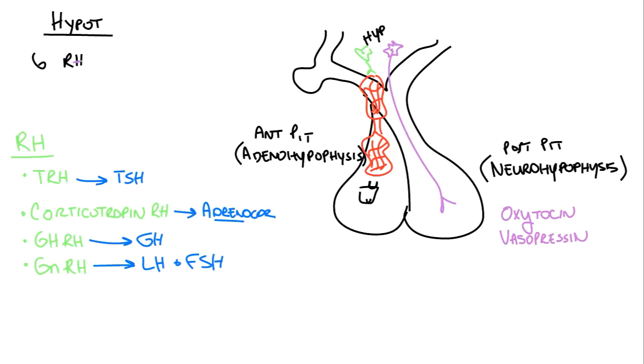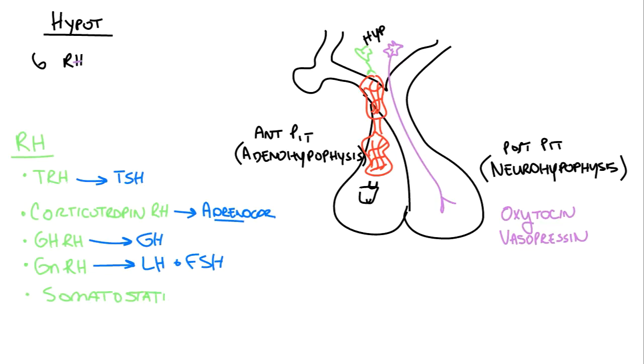So remember that sometimes these names give us hints about their targets. With this one, it's the gonads, the ovaries, and the testes. Then we have somatostatin. So somatostatin is a little bit different. It's not really a releasing hormone.